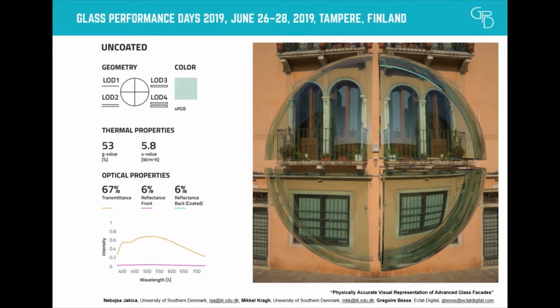Whenever you have curved glass, it is not desirable to use the simple surface models, because they cannot represent all the distortion and the total inner refraction and saturation of the colors, especially at the higher glazing angles. But they can represent, if you have many layers, multiple reflections, for example.